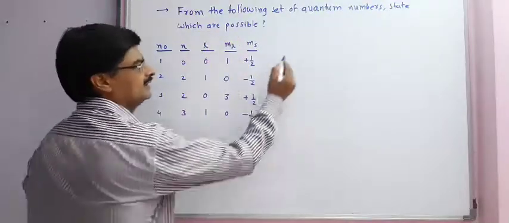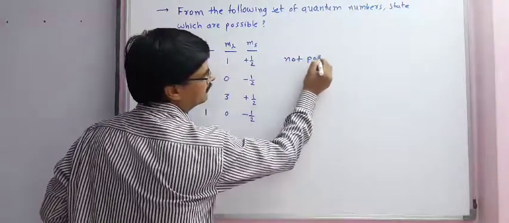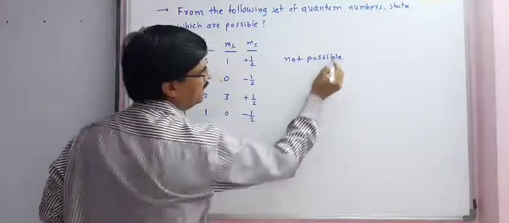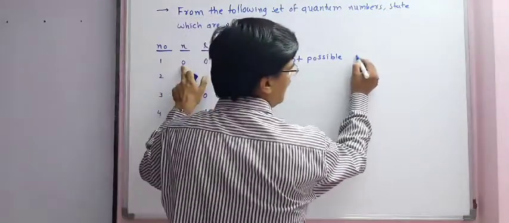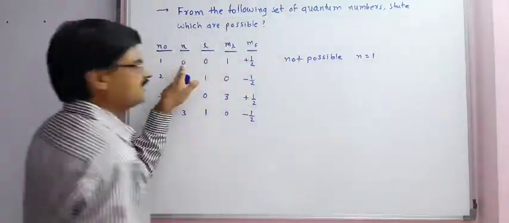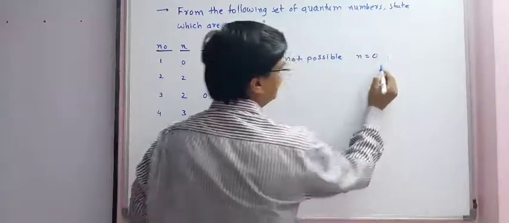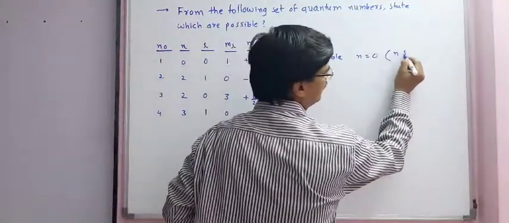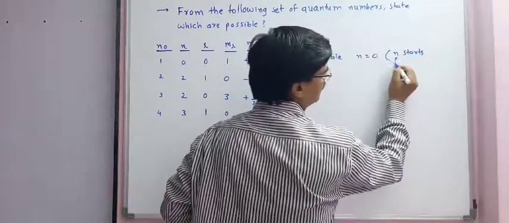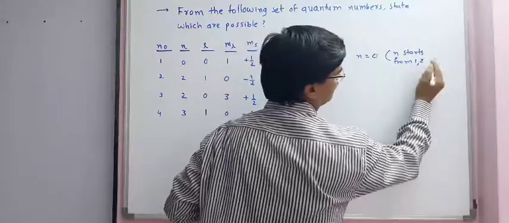So we can say that this set is not possible, because the principal quantum number n always starts from 1, but here n is equal to 0. That is why this set is not possible, because n starts from 1, 2, 3, etc.